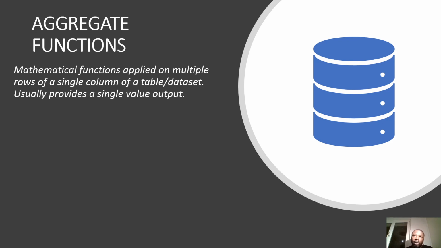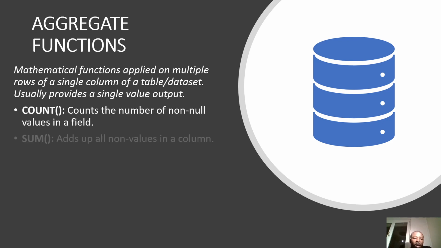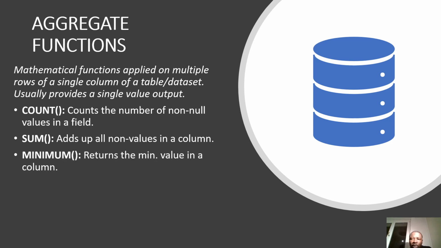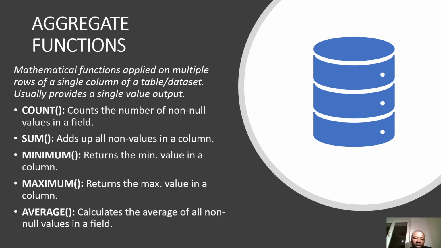We're going to stick to the core five of these aggregate functions, which are the count function, the sum function, the minimum and maximum function, and also the average function. The count function basically counts the number of non-null values in a field and presents it in a single value form, whilst the sum adds up all non-null values and presents it in a single value form.